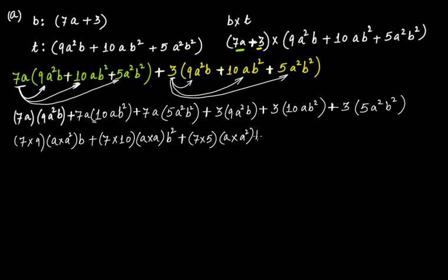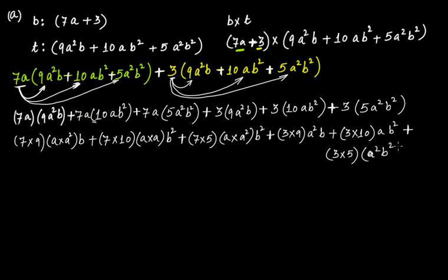Then you have b squared here. This plus sign, 3 multiplied by 9, then you have a squared b, then you have 3 multiplied by 10, and then you have ab squared, this plus sign, plus 3 multiplied by 5, and then you have a squared b squared. Okay, now 7 times 9 is 63.